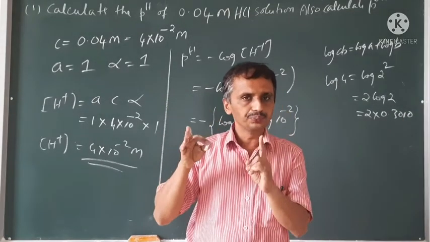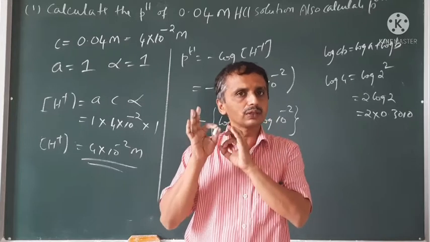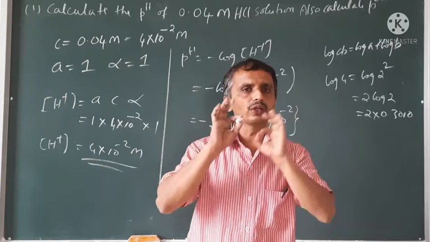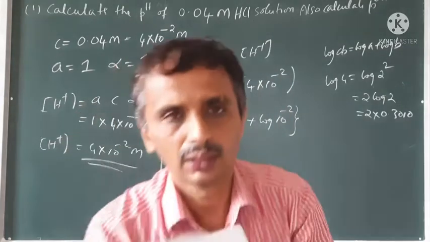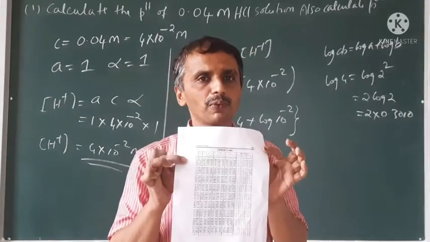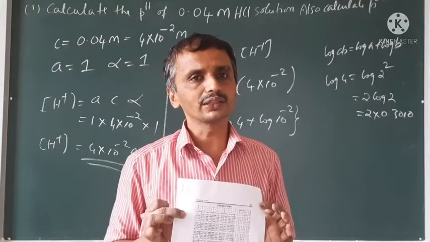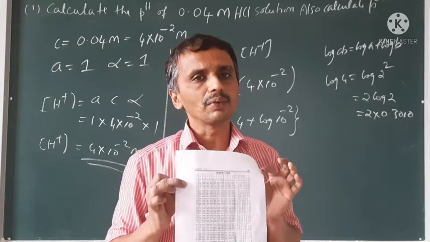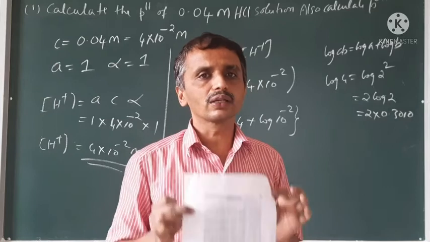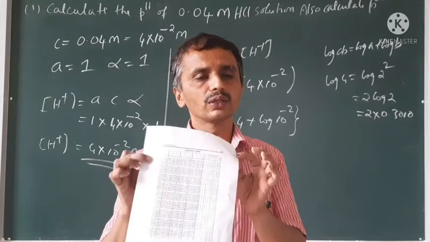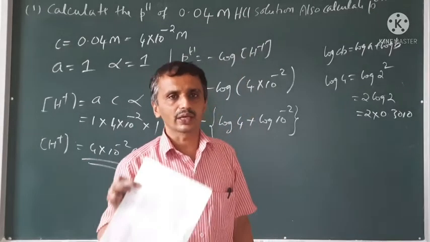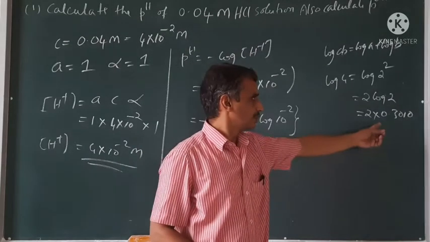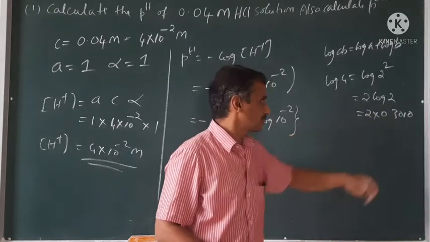I told you, in the competitive exam, a log book will not be given out. This type of paper will not be given out. So what I said? Remember certain log values like log 2, log 3, log 5, log 7. For others, you can calculate approximate values also. So I have log 2 is 0.3010.